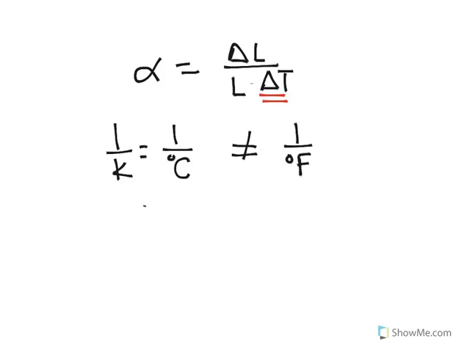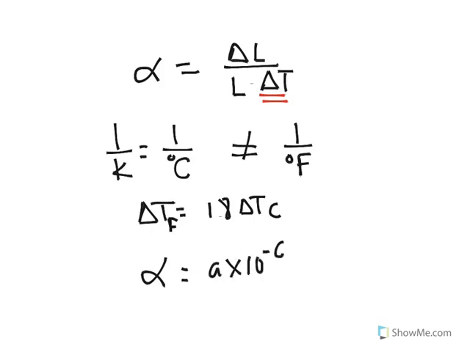We have to use the fact that delta T in degrees Fahrenheit is equal to 1.8 delta T in Celsius in order to convert from Fahrenheit to Celsius or Kelvin. These expansion coefficients are going to be a number times 10 to the minus 6, so they are very small.